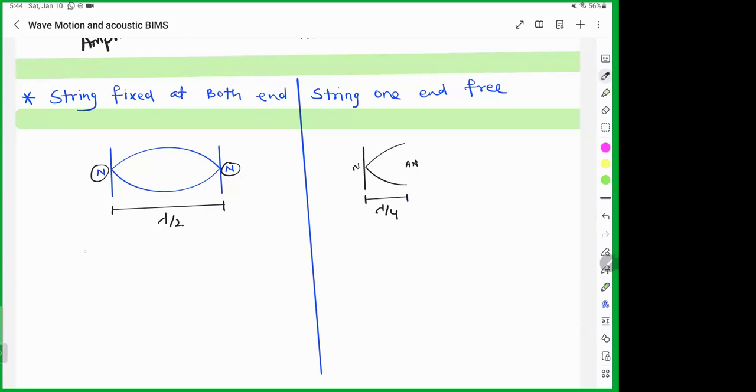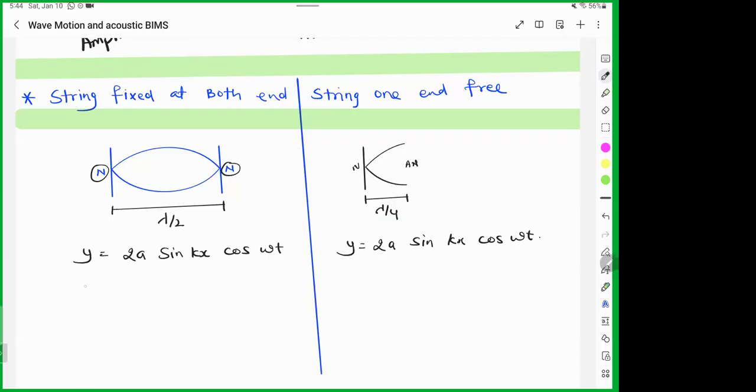You know y formula is equal to 2a sin kx and cos omega t. Same formula applied here to calculate amplitude.